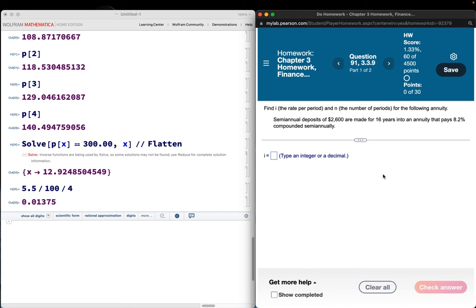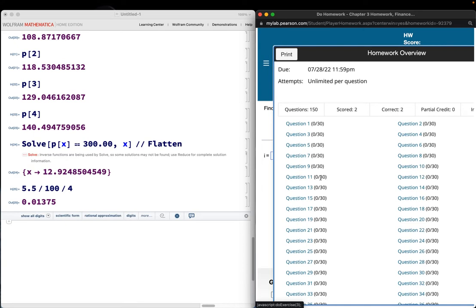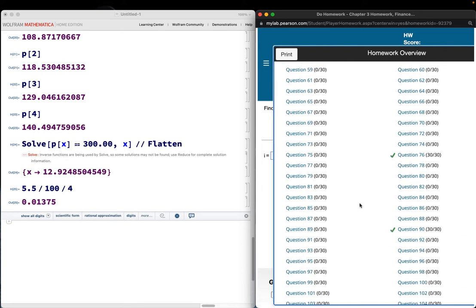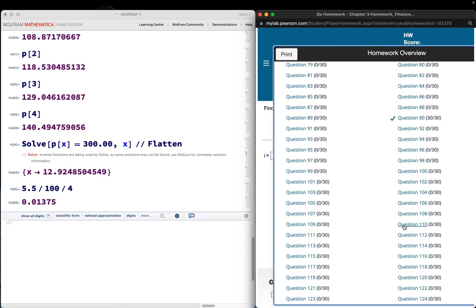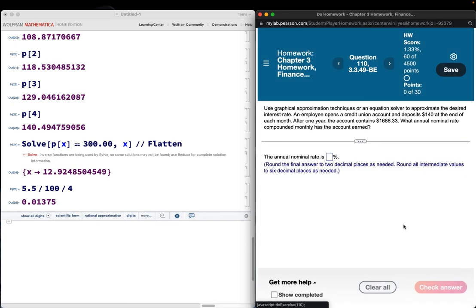Let's do a problem that's a little bit more challenging. Let's see. Okay, so here we have a problem for you finance people, for you business majors and finance students.